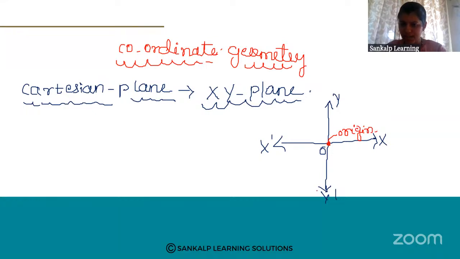This plane we call the XY plane or Cartesian plane, where we consider two axes, the x-axis and the y-axis.